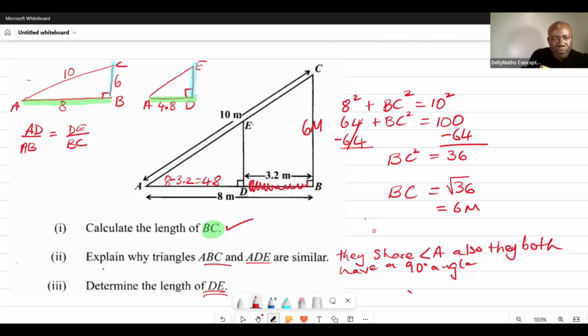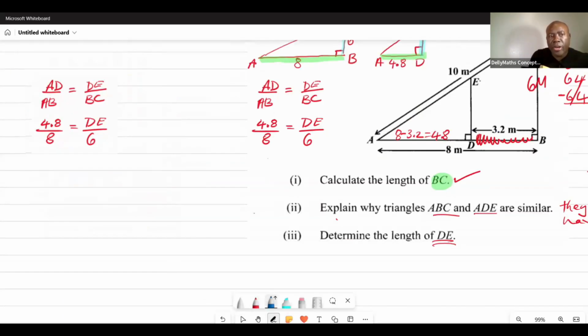So AD is 4.8, put it over 8, and that equals DE, which I want to find, over 6. From here, the rest is just working out our algebra.